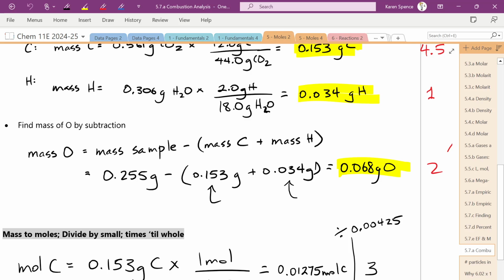So this isopropyl alcohol is made out of carbon and hydrogen and oxygen. The sample is 5 grams. Of that amount, 1/3 is carbon, 3/4 is hydrogen, and what's left over is oxygen. Those are going to include some of the oxygen from the air.